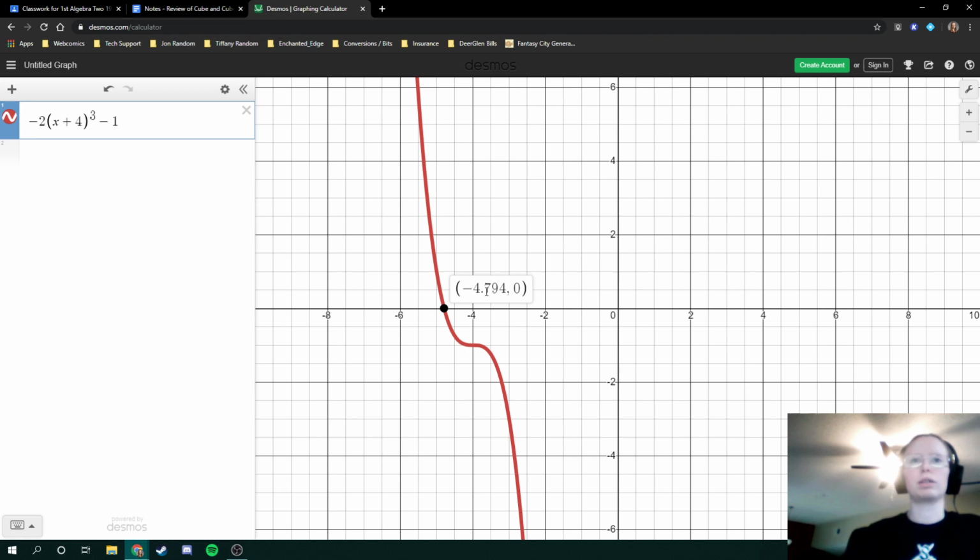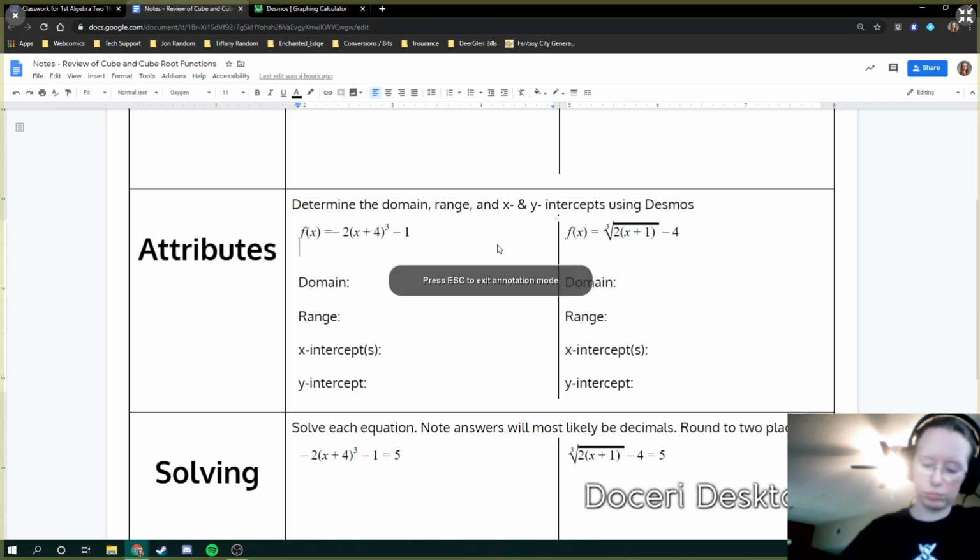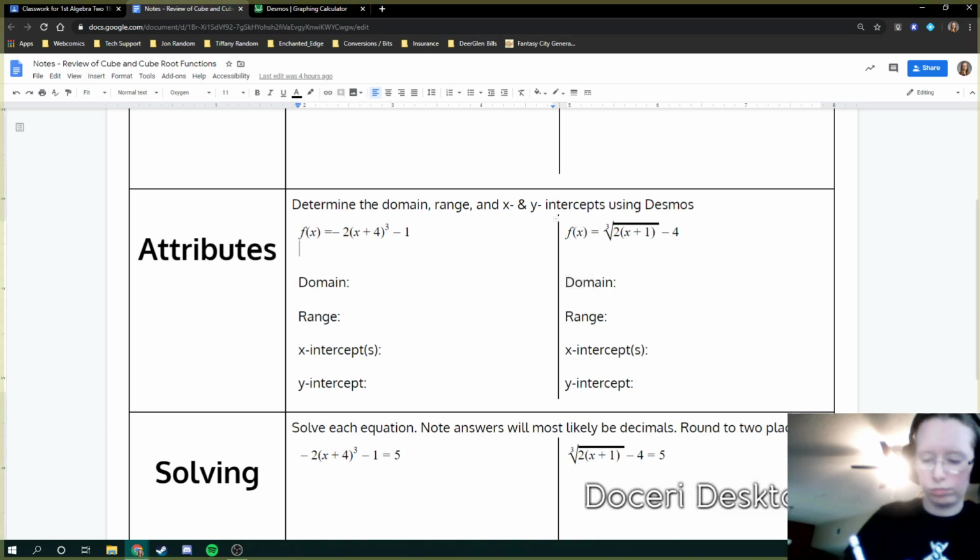So negative 4.079 and negative 129. And domain and range were both all real numbers, so fancy R.